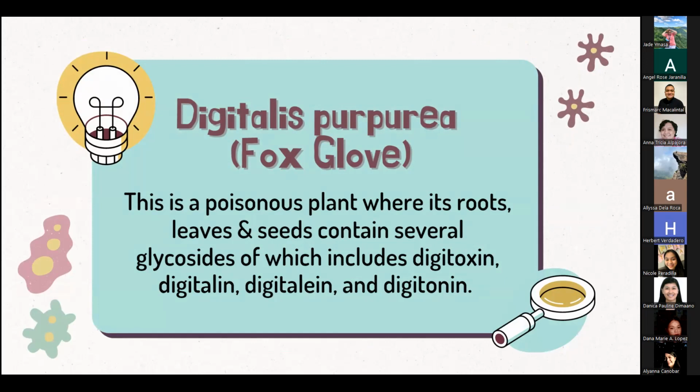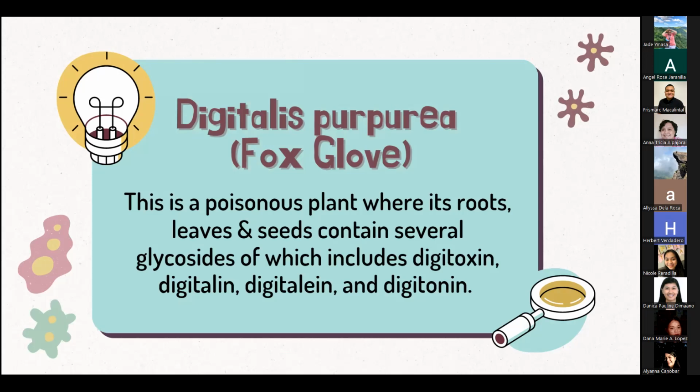So they act directly on the heart muscles and improve the function of a failing heart. The normal heart is affected very little, konti yung nagiging effect niya sa heart, unless yun nga toxic doses na yung in-administer dun sa isang tao.